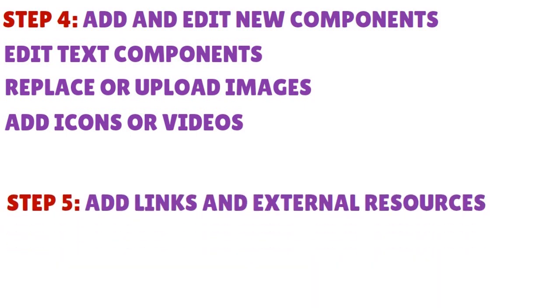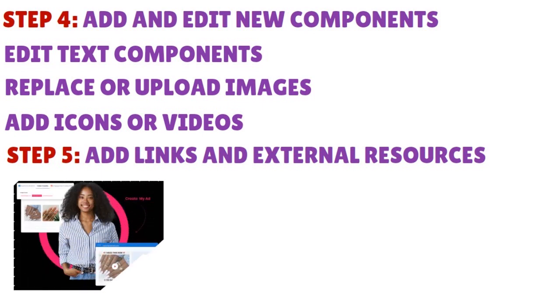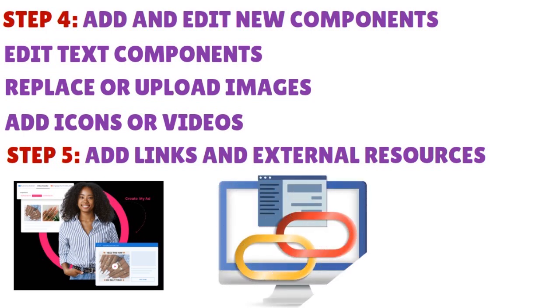Now, step number 5, you want to add links and external resources. Canva really does a great job of simplifying the process of embedding videos for you. You can drag and drop your videos, resize them, and position them accordingly. Whether it is an uploaded video or a YouTube link, Canva seamlessly integrates it into your page.